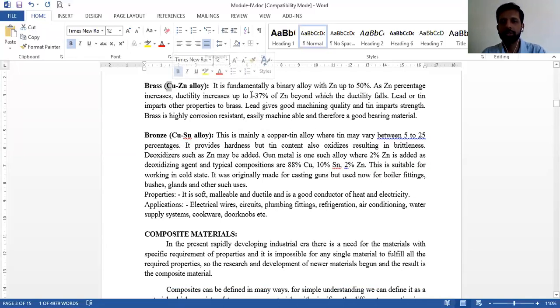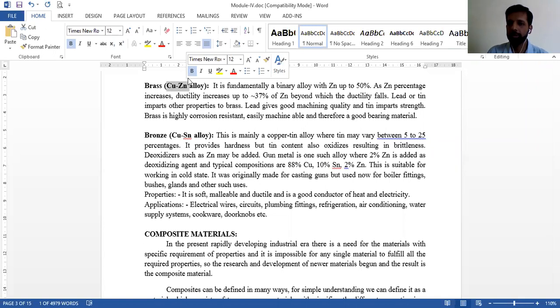Ductility increases once we add zinc. We get up to a 37% increase in its ductile nature, and beyond that zinc content its ductility falls. Lead and tin impart other properties to brass. There are various standards used in brass itself, but the major constituents will be copper and zinc.